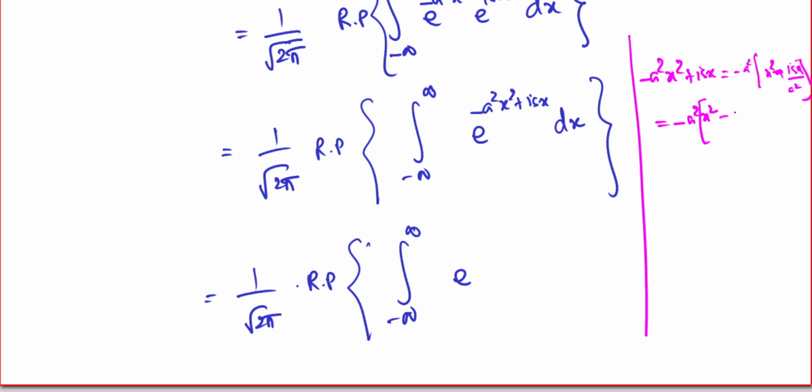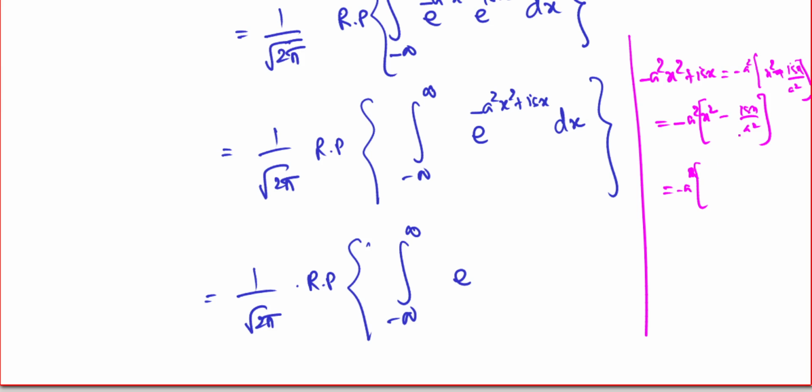So therefore this one is minus isx by a square, and hence this is going to be minus a square times... now let's complete the square. So here you have x square, here you have minus 2ab as well, and hence the b term that we were looking at is nothing but is by 2a square, correct?